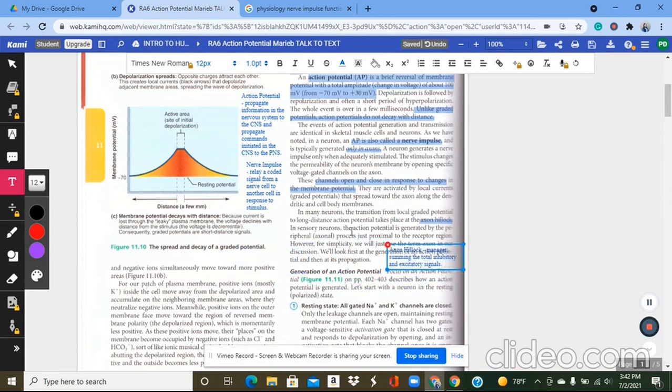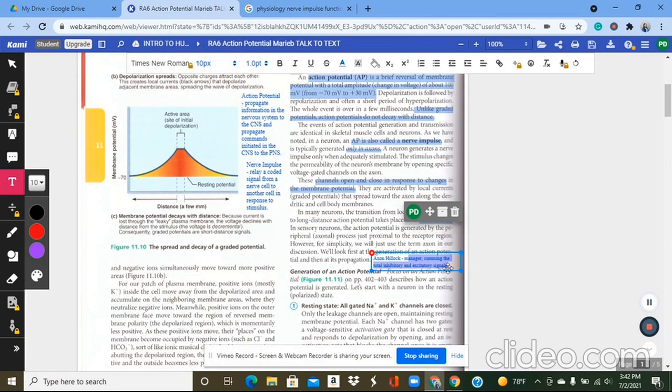I have to make this a bit smaller. So usually if these signals exceed a certain threshold, the action potential will be triggered and an electrical signal will be transmitted down the axon away from the cell body.